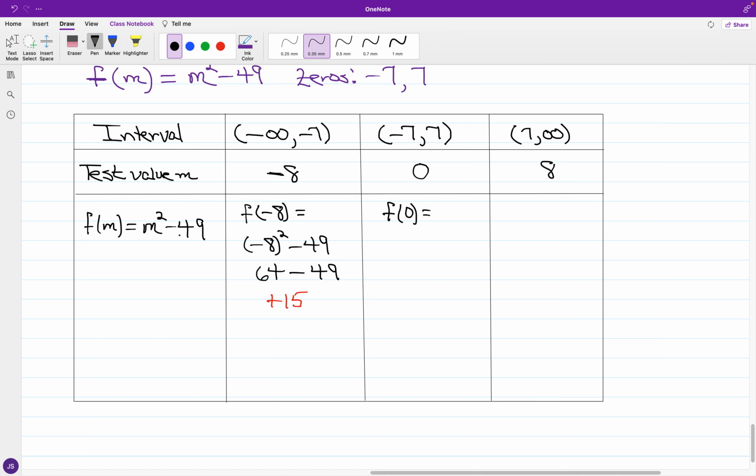And for f of 0, m squared minus 49, we'll have 0 squared minus 49. 0 squared is 0, take away 49, and for that result we have minus 49.